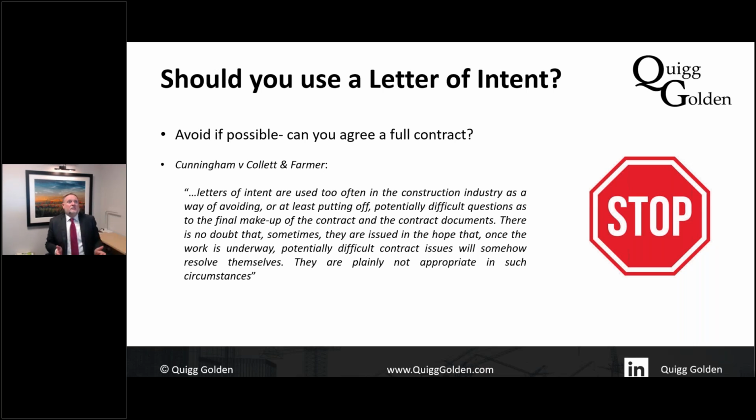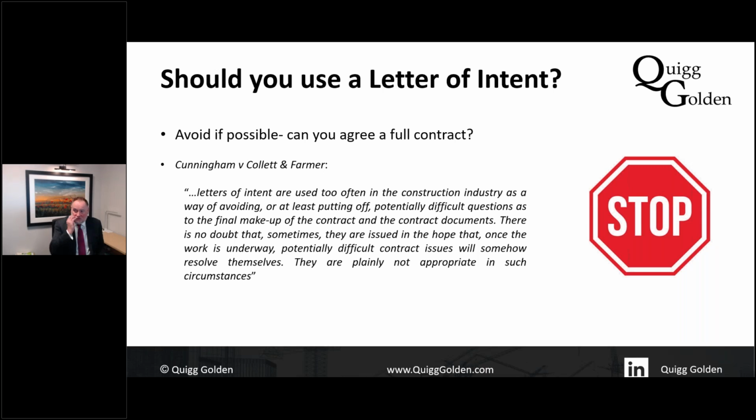So if we take that situation of the main contract and the employer, they're trying to negotiate the main contract terms, but it's dragging on. Well, let's get work started on site. I think it's important to stop and say, well, why are these negotiations dragging on? Why haven't we agreed this? And if the case is you haven't agreed it because both parties are at loggerheads and they won't back down, well, why do you think that's going to change?